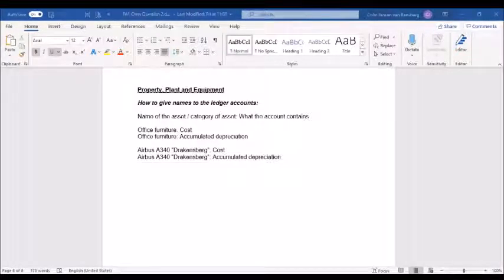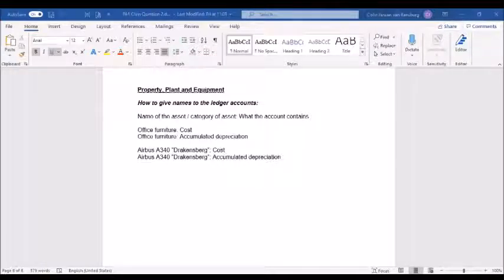The same would apply to other kinds of non-current assets. So if we had, for instance, intangible assets, we would only disclose the carrying amount of the total intangible assets on the face of the statement of financial position. If we had another category of non-current assets, such as financial assets, again, under our non-current assets, on the face of the statement of financial position, we will only disclose the carrying amount, the total of all the various financial assets, right?